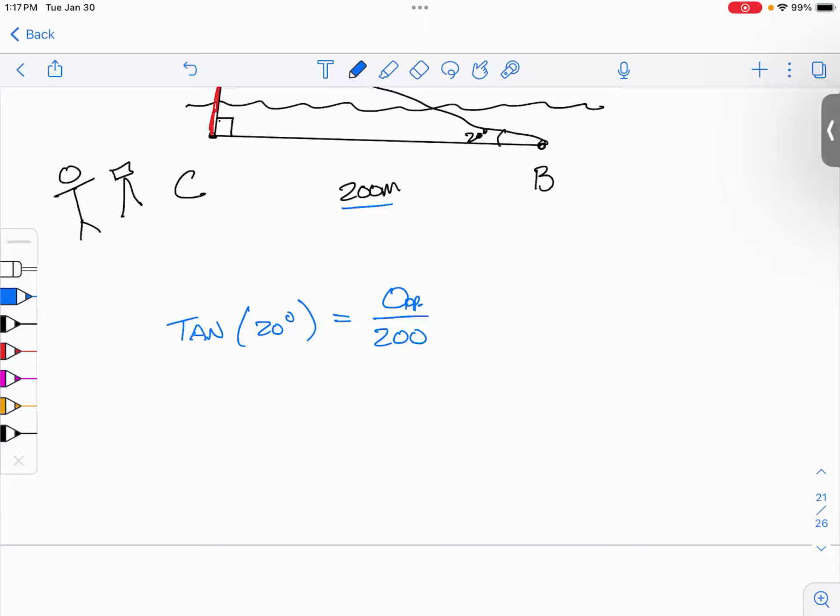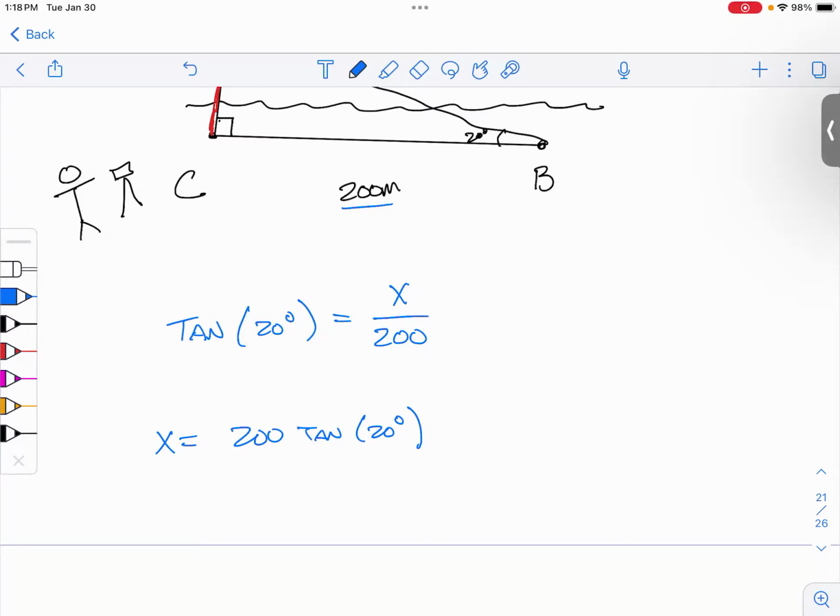So X equals 200 tangent of 20 degrees. The algebra here is very, very simple. And tangent of 20 degrees is one that we do not have an exact value for.